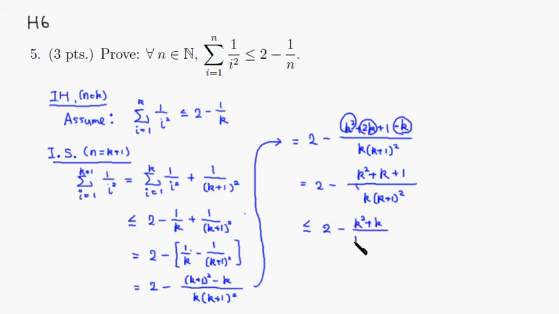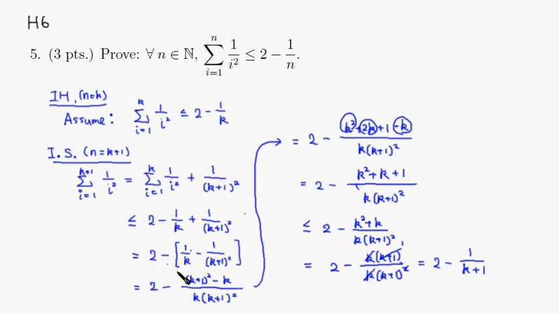So we have k squared plus k over k times quantity k plus 1 squared, which is equal to, factoring out the k, k times k plus 1 over k times quantity k plus 1 squared. You can cancel the k's and one of the k plus 1 factors, so you get 1 on top, which gives you 2 minus 1 over k plus 1.